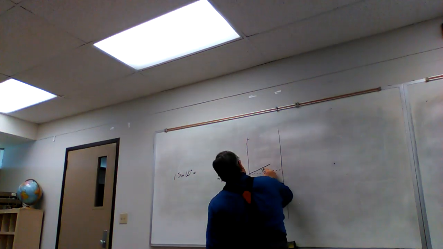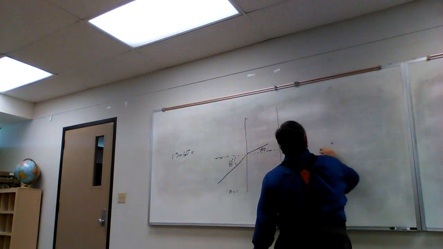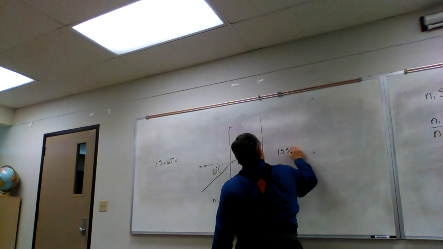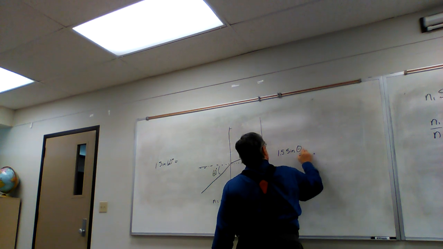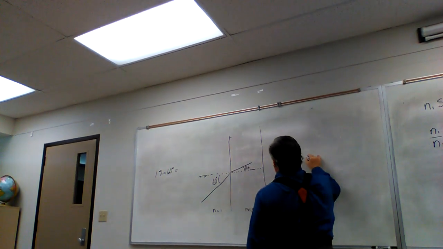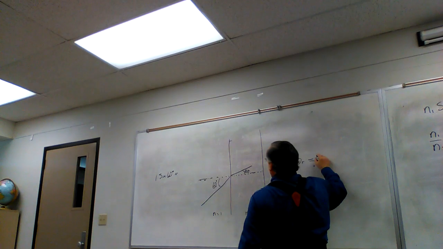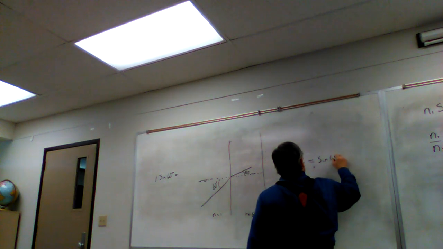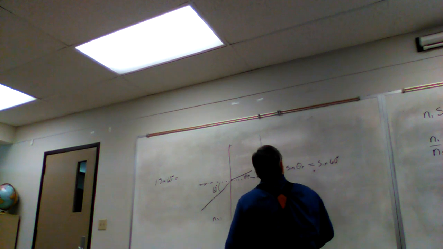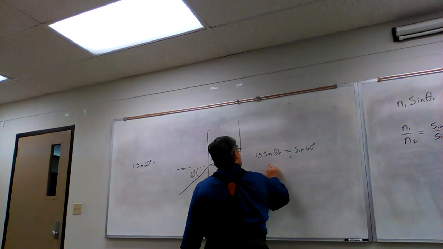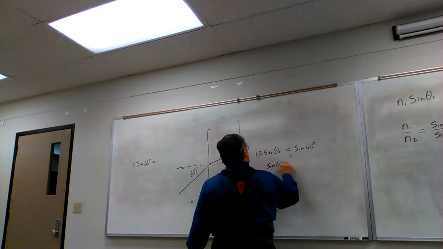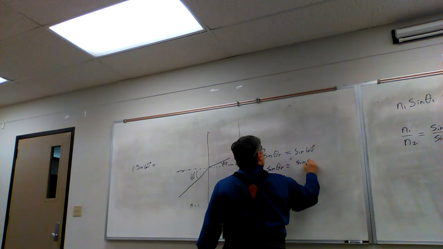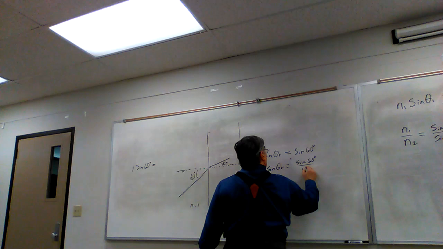And we know that this angle theta is equal to 1 times the sine of 60 degrees. Or sine of theta is equal to sine 60 over 1.5.